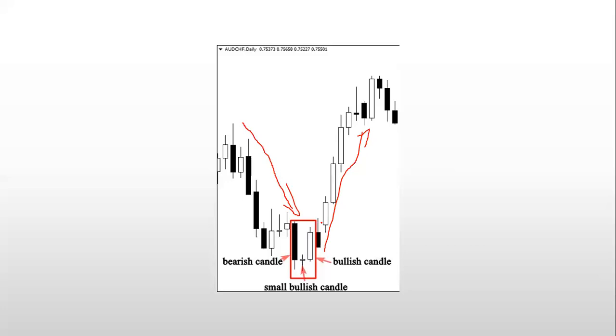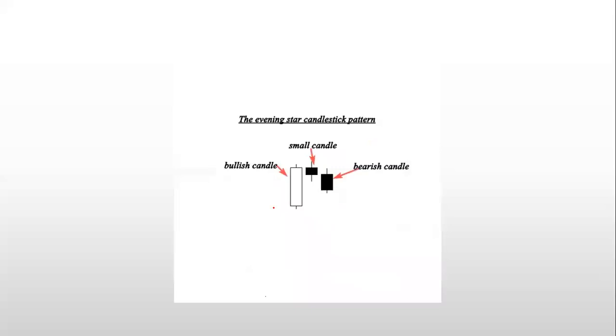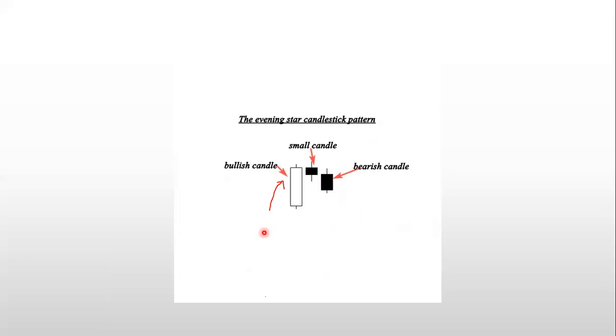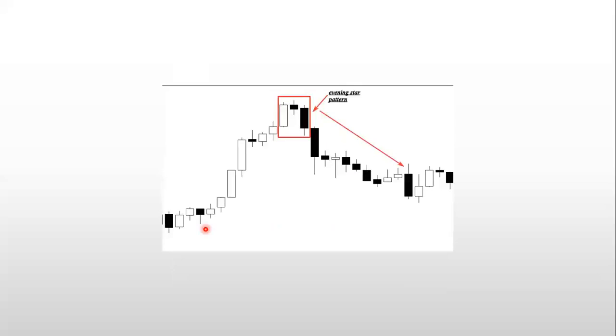So you could look at the other one, which is the evening star. With the evening star, we have a long bullish candle here. Then we have a short bearish candle before we have a long bearish candle. So it's just the opposite of the morning star. So let's look at this scenario. The market came all the way up here, and when it touched the resistance, it had to reverse.